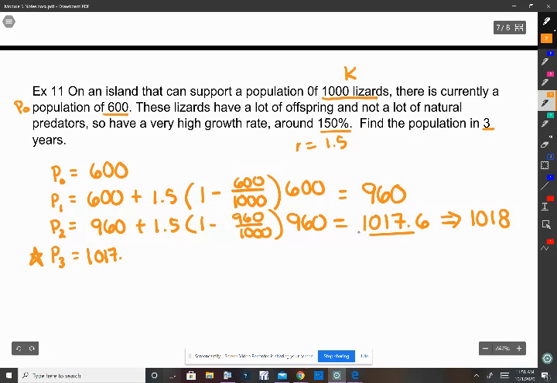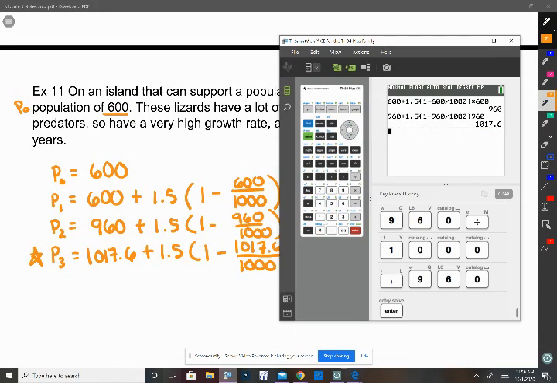So this will be 1017.6 plus 1.5, 1 minus 1017.6 over 1,000 times 960. And you'll notice with this one, it's going to fluctuate down.